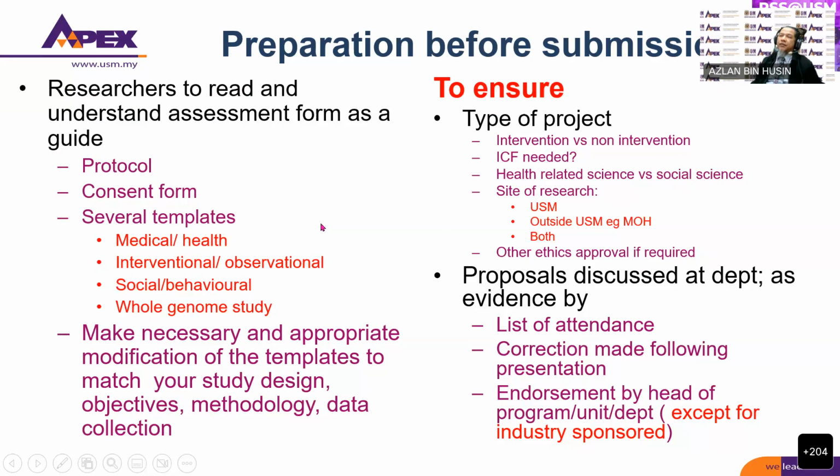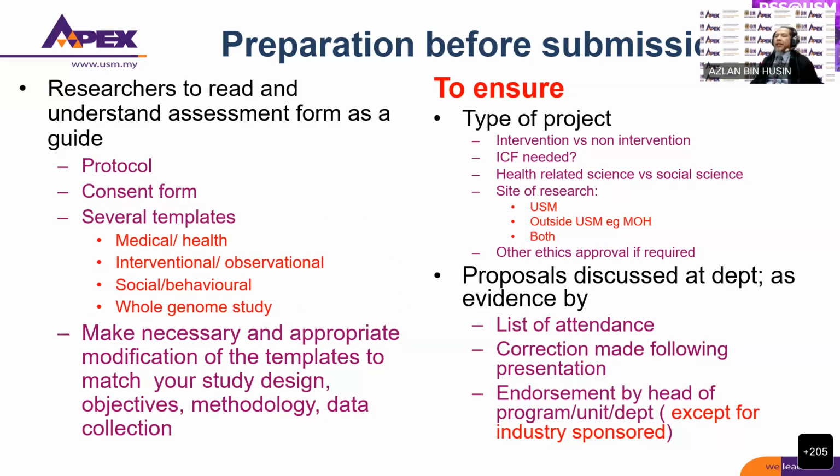The format of the research proposal, whether it is medical or health research, interventional or observational, is there. Even for social and behavioral research, there is also a template that you can follow. And there is also a whole genome study format for the proposal as well as informed consent. You can use that as a template.